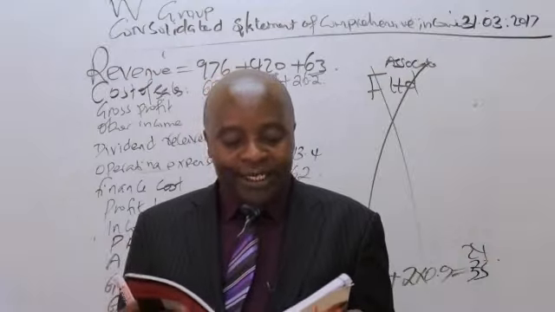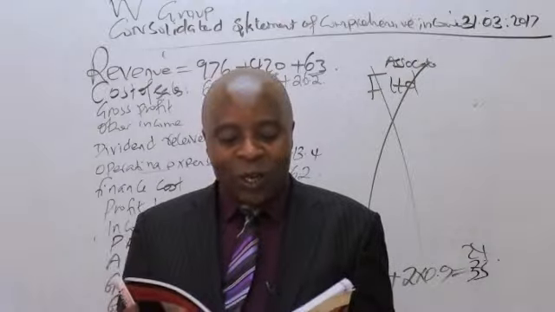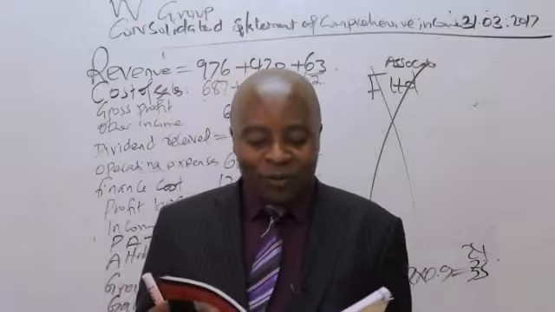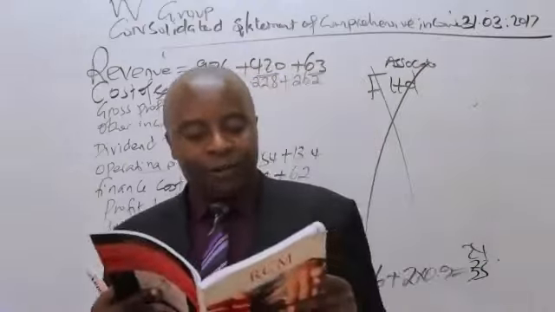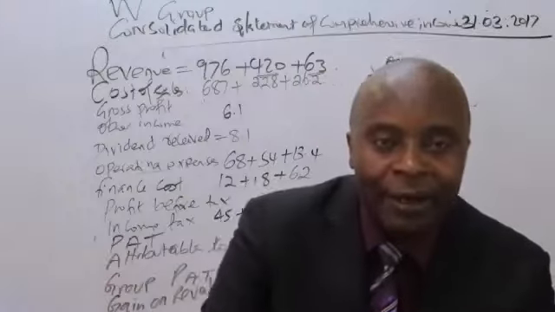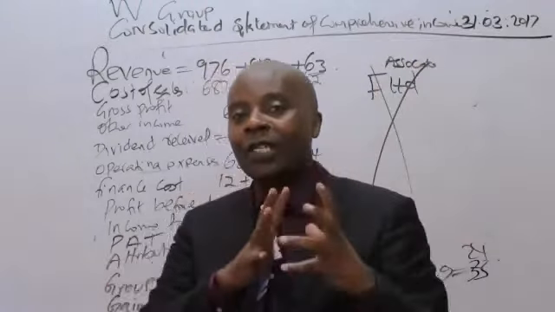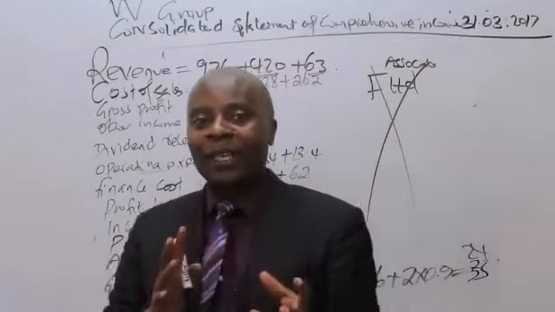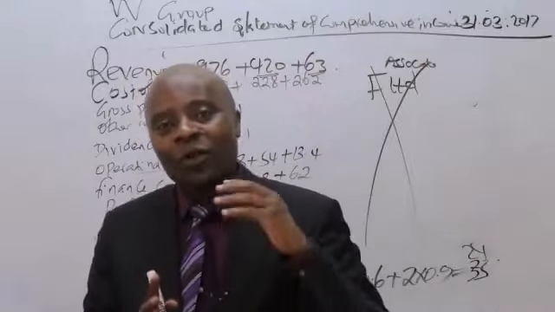During the year ended 31st March 2017, W Limited sold goods to F Limited for how much? For 15 million. Remember, W and F are in a very serious relationship. This is family.